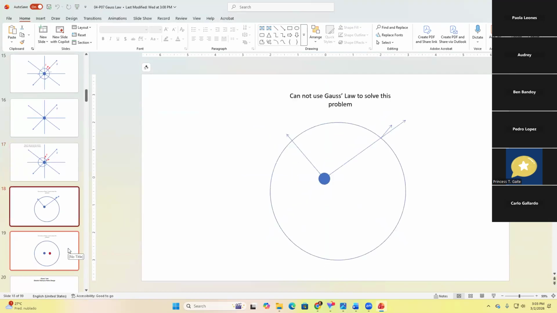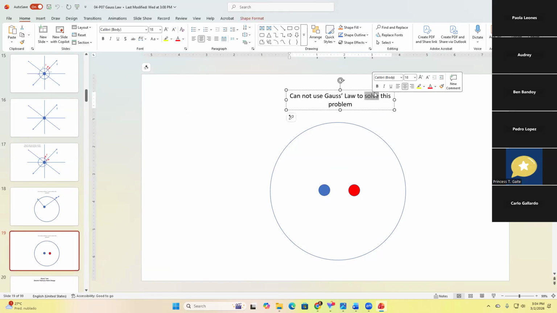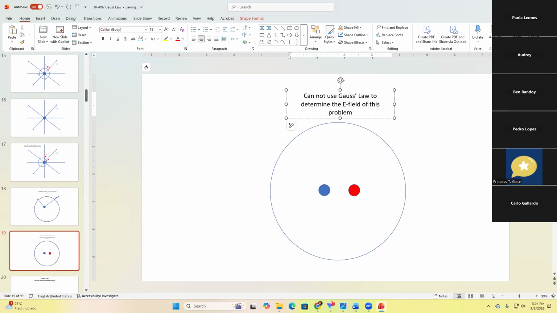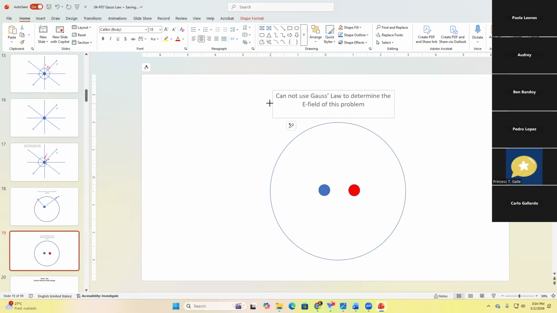And then we're going to do some examples, but before we do some examples, here you go. Use Gauss's law to find out the electric flux going through this surface, okay? You cannot use Gauss's law to determine the electric field of this problem. You cannot determine the electric field, but you can determine the electric flux.